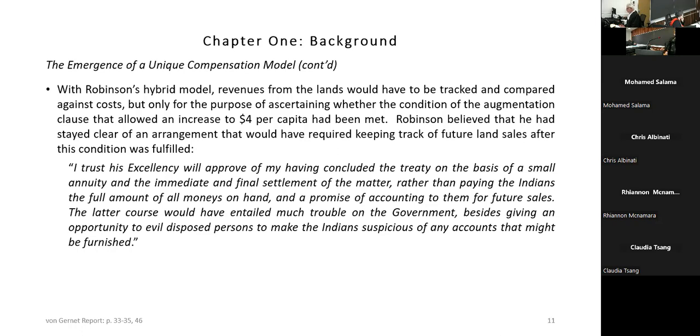There was some disagreement about whether the proceeds from the lands would actually pay for the annuities, or whether the proceeds were only relevant to establish whether the threshold under the augmentation clause had been reached. At that point, the annuity would be increased, but not necessarily from the proceeds of the lands.